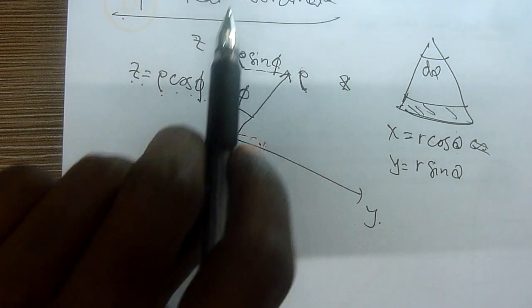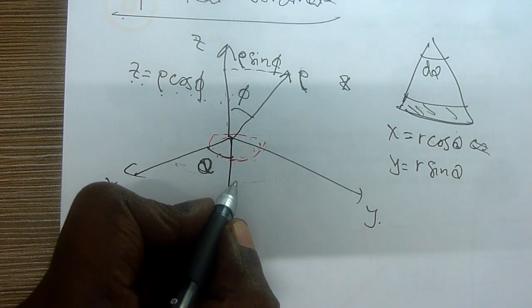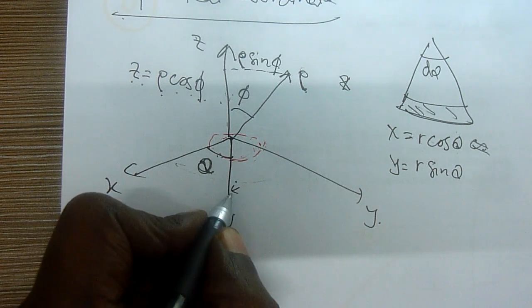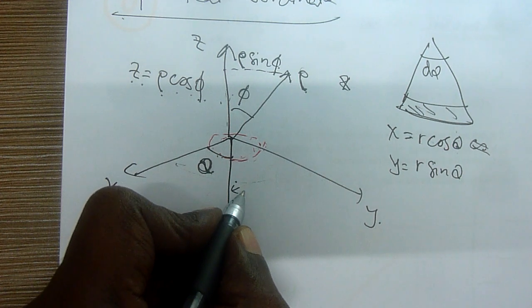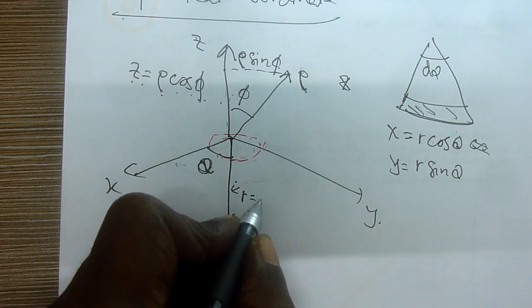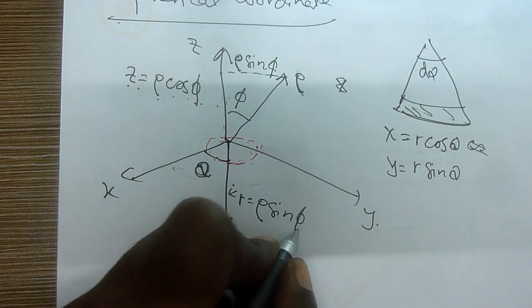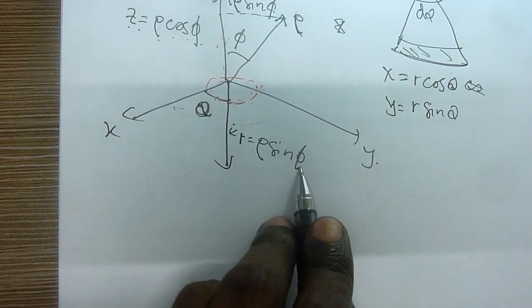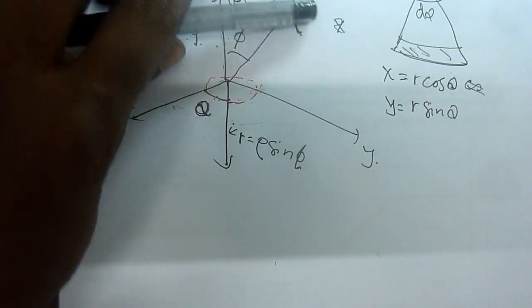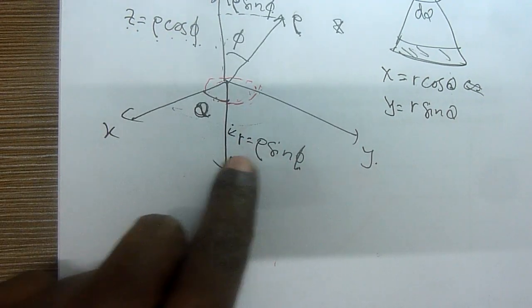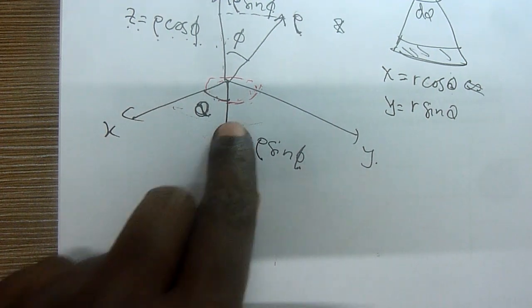When I bring this down, this is a kind of R. Imagine this as an R, which is rho sine phi. You can bring this down again and imagine this R. You can see now we are already in the polar coordinate.